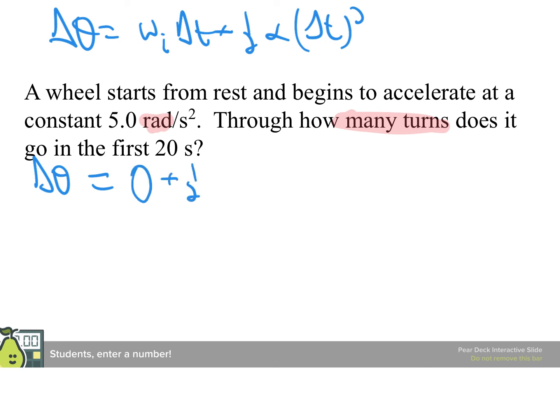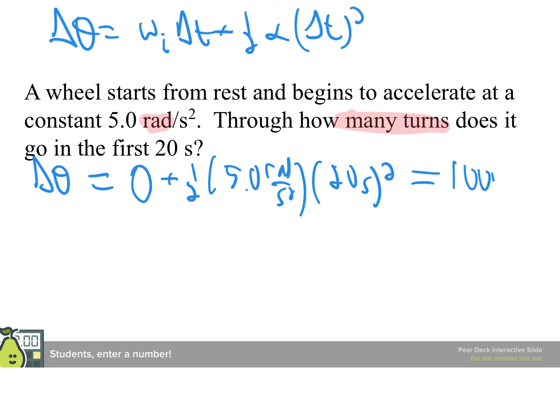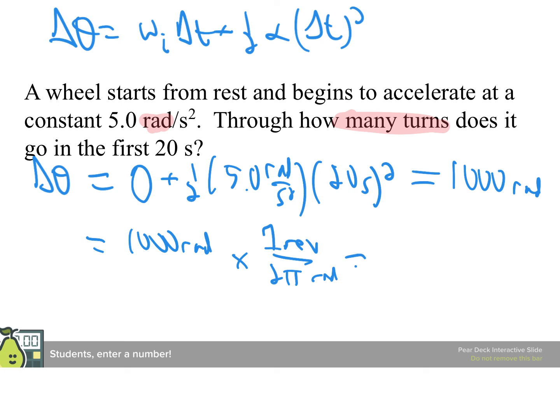And we have 1/2 times the 5 radians per second squared times 20 seconds quantity squared, which is 1,000 radians. But then there is 1 revolution per 2 pi radians. So we divide this by 2 pi, and we get 159 turns.